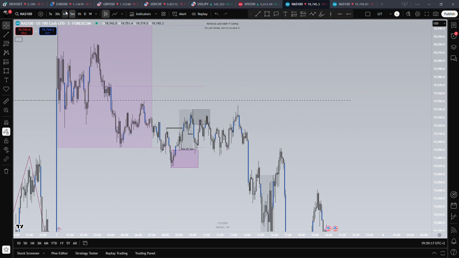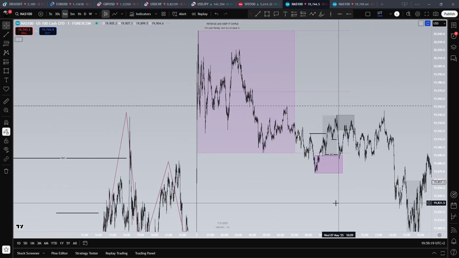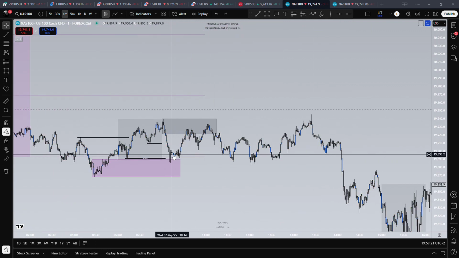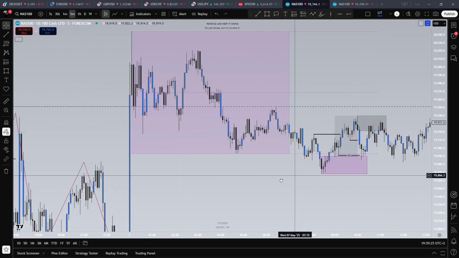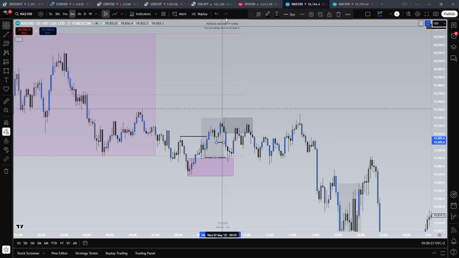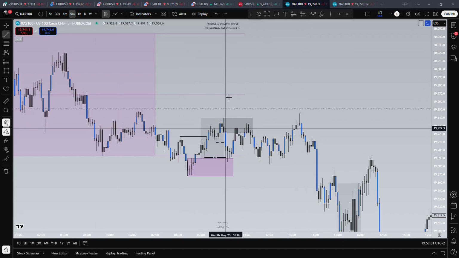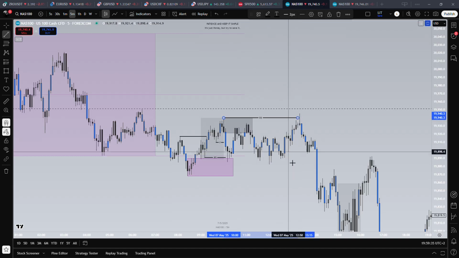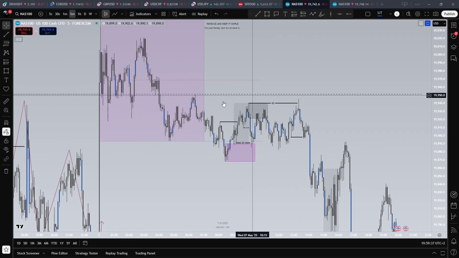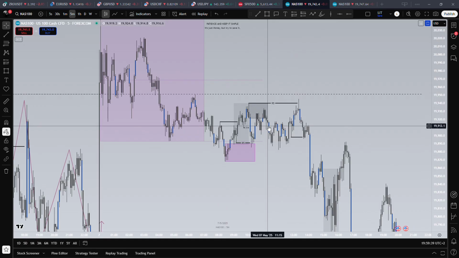And then Nasdaq, same thing. Yeah, break of structure, nothing here, no relevant liquidity, so this is a fake BOS. This is relevant liquidity, and then the correct move. So yeah, I think it's pretty interesting.